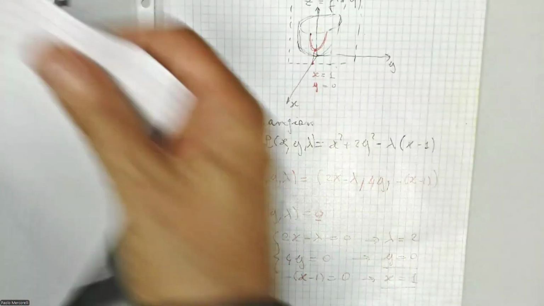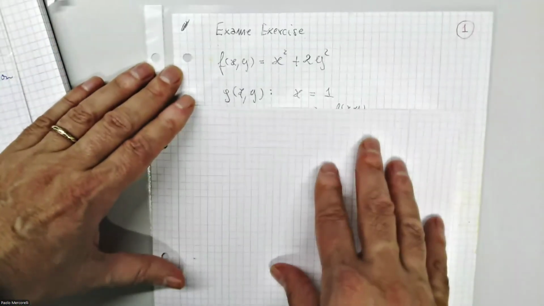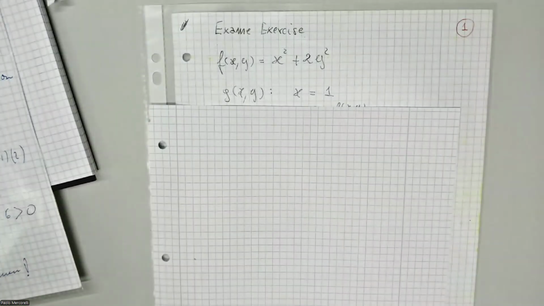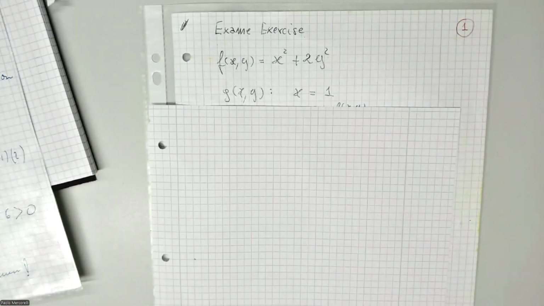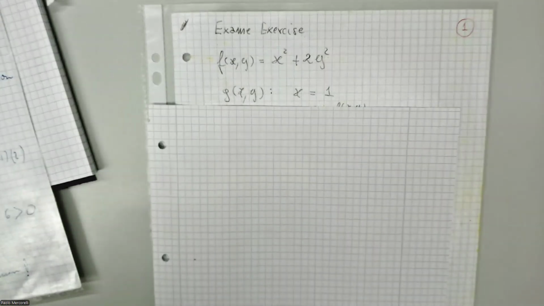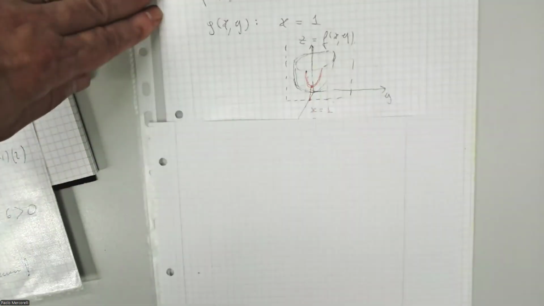We take a rest, but before taking a rest, look at this. The cost function is exactly the same as before, but the constraint is x equal 1. Extremely easy in the calculation, but the structure, or the solution, or the method is the same.